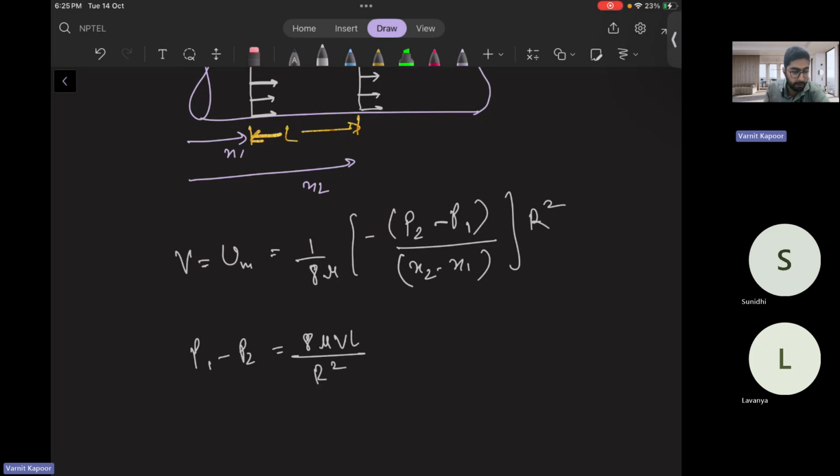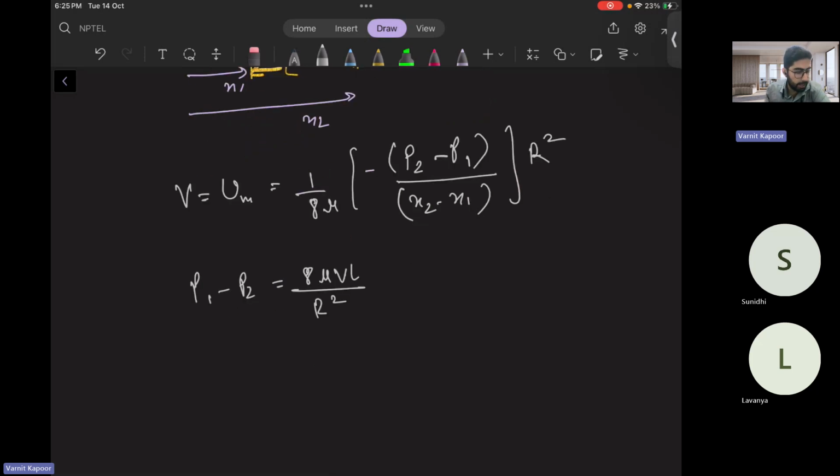And if I want it in terms of diameter, and dividing by specific weight W, P1 by W minus P2 by W will be 32 mu V L by W D square. Both sides are divided by W, and R is converted in terms of diameter.